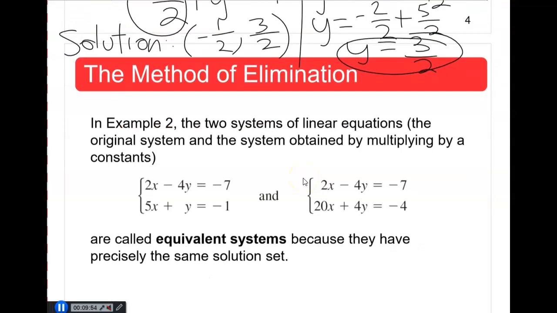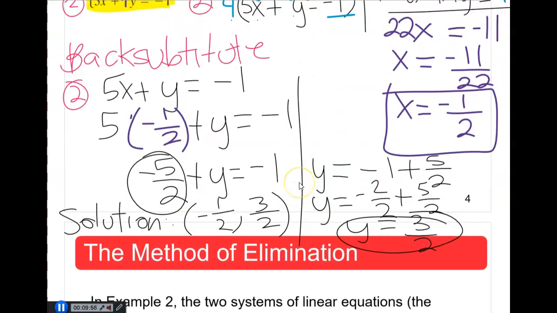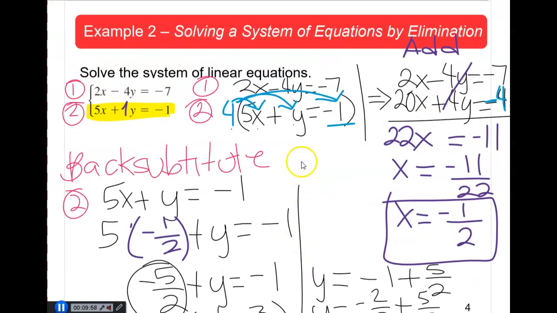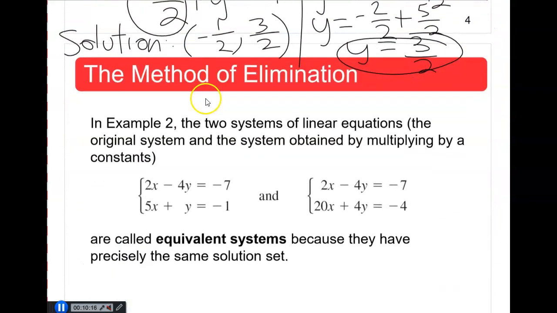Okay, so the reason that this method works is because when we are multiplying the second equation by 4, as long as we distribute it to every single term, including the constant term, we are creating equivalent equations. So we could say that these two that are highlighted in yellow are equivalent. And that's why the method works.